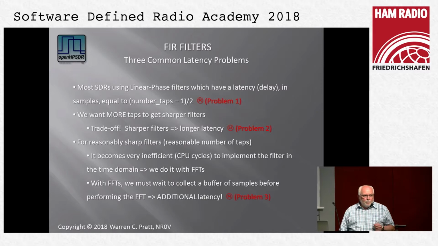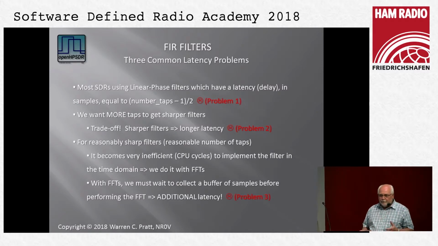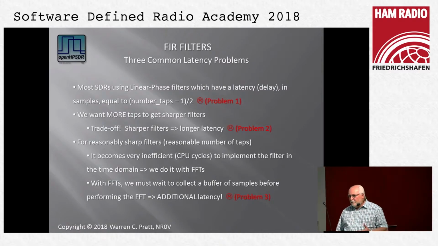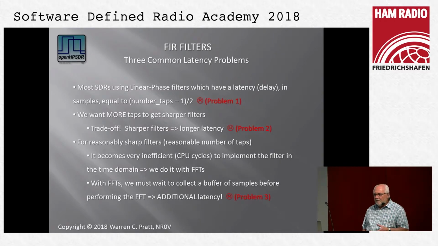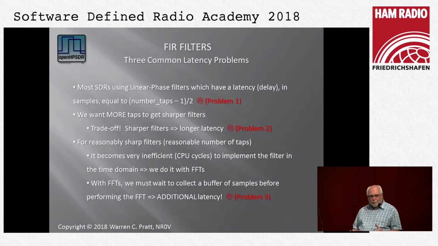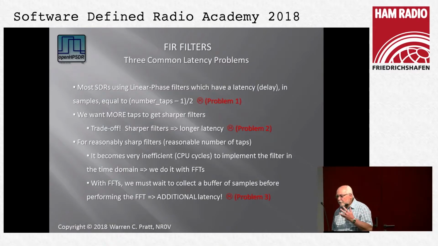And then the third problem, for sharp filters, we have a lot of taps by now, and at this point, they're very inefficient to process in the time domain. So we need to go to the frequency domain using FFTs. But the FFT is inherently a batch process. We have to collect a bunch of samples before we can do the FFT. And so we have to wait to collect those samples, and that adds additional latency. So three problems.